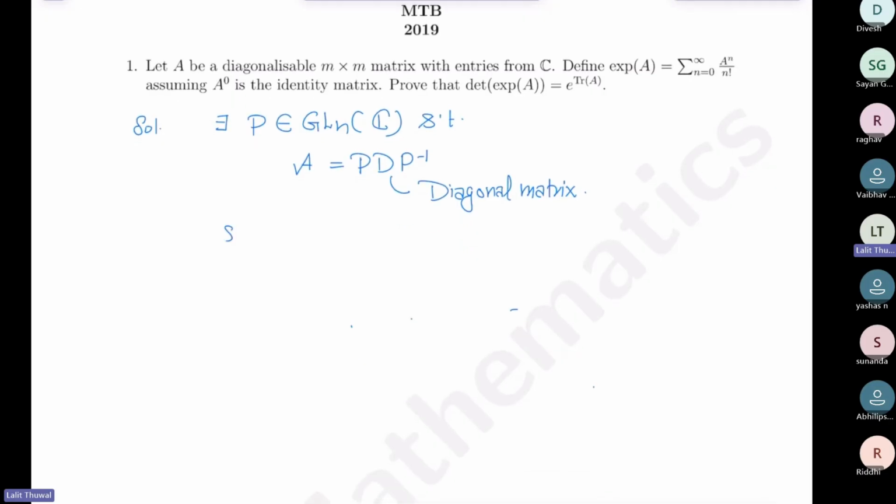So A to the power n factorial is equal to PD^n factorial P inverse, right? Is it clear?